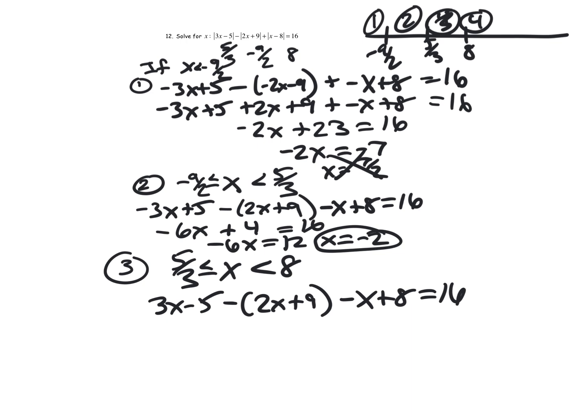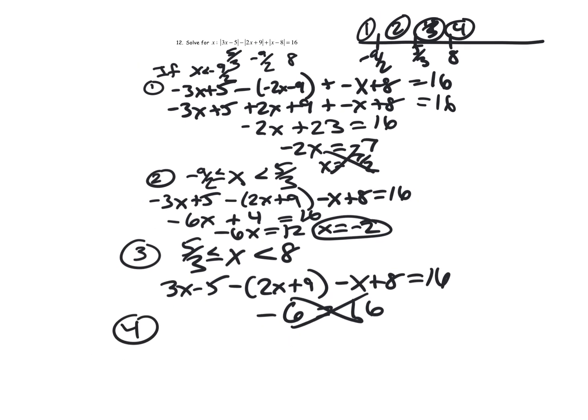Once again, just combining like terms, all the x's on the left are going to cancel because I've got 3x minus 2x minus x, so no x's left. And I've got minus 14 plus 8, so minus 6 equals 16, which is totally false. So there's no solution from that case 3.